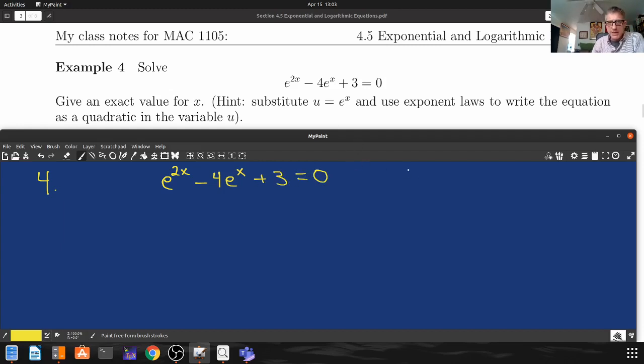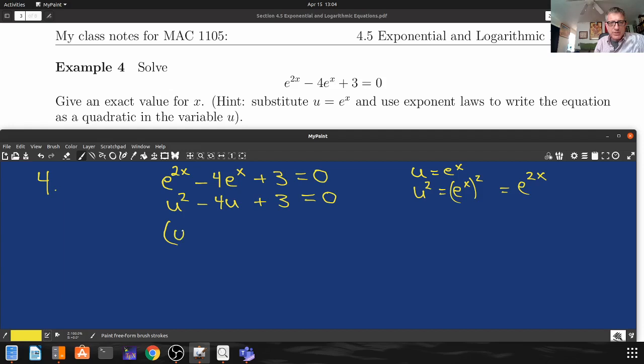So the hint says let u equal e to the x. That means u squared is equal to e to the x squared, which is the same as e to the 2x. So we get u squared minus 4u plus 3 is equal to 0. So we want to factor this.